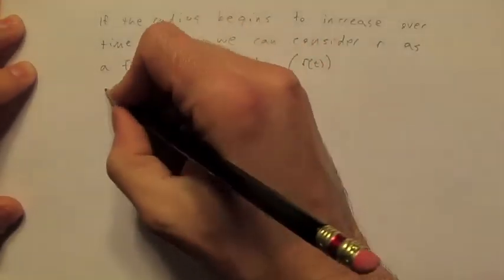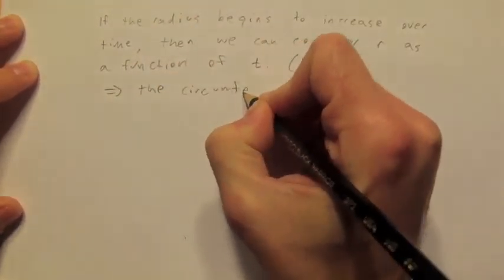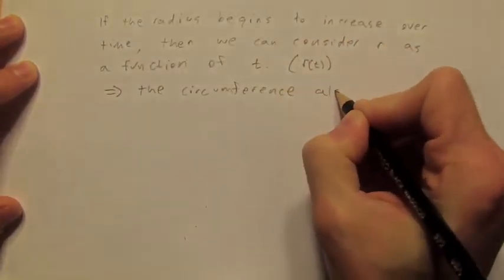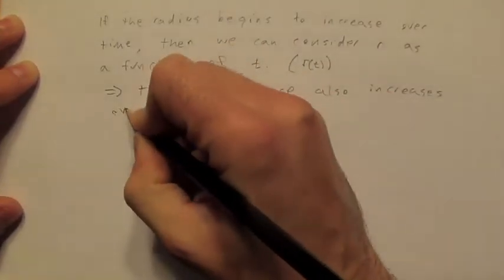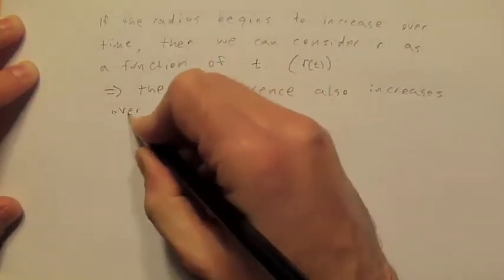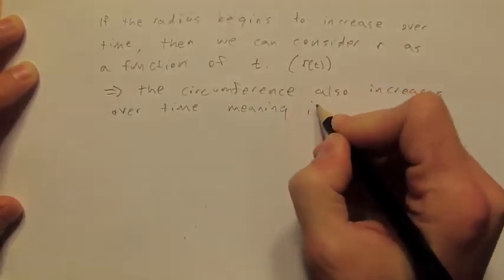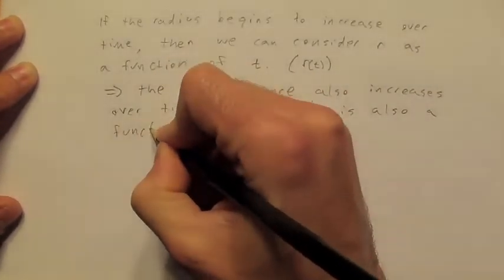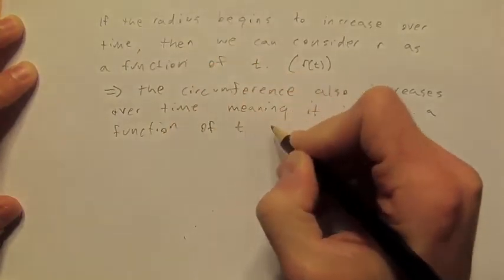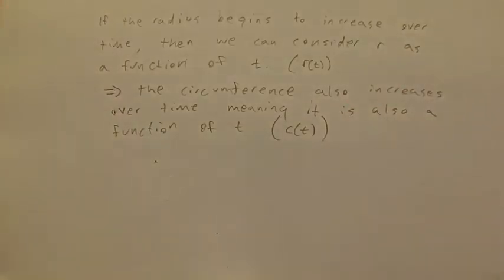And we also have that the circumference also changes, or also increases over time. Meaning it is also a function of t, and meaning we can take both sides of that equation we have with respect to t.